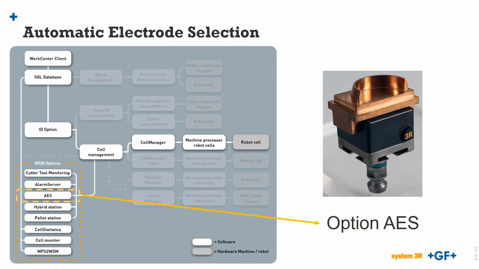For instance, automatic electrode selection is an automation cell alternative to GF's Smart Tool function that is more suitably used on standalone machines. Therefore, be careful and verify the compatibility on the specific case by getting in touch with System 3R sales support and the die-sinking EDM machine supplier.